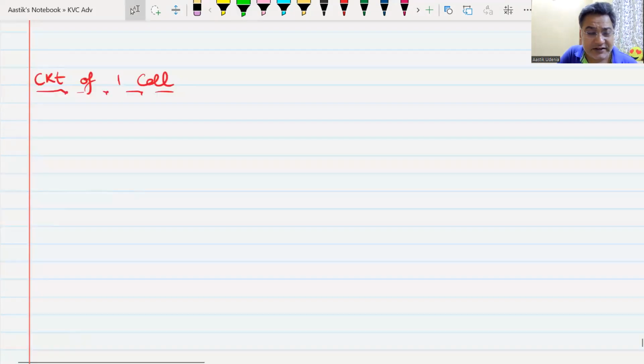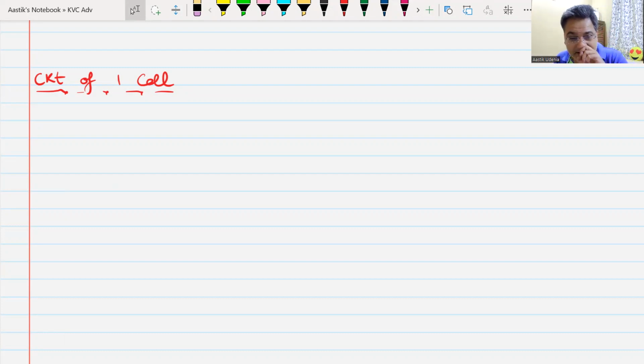And the second thing, you just have to solve the circuit using a combination of series and parallel. Let me give you an example of how you can solve this circuit. Let us say this is a circuit that I have.